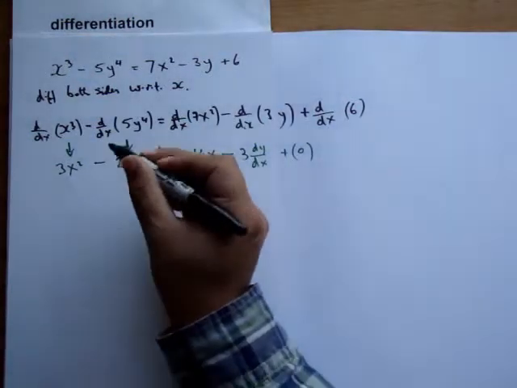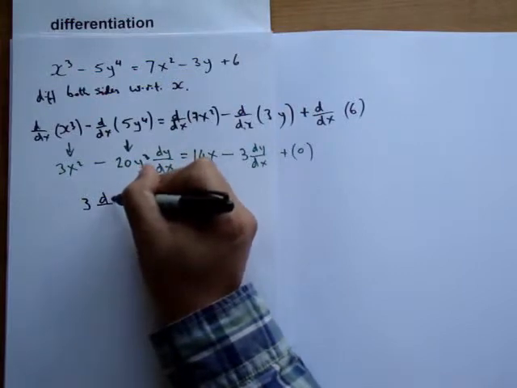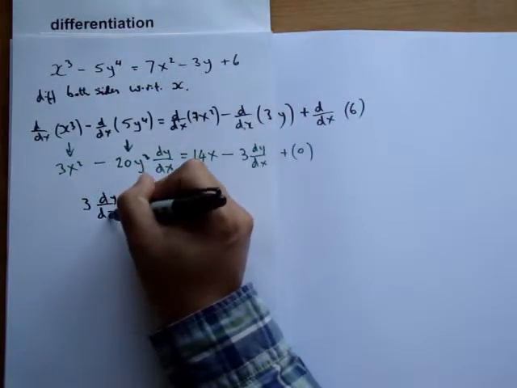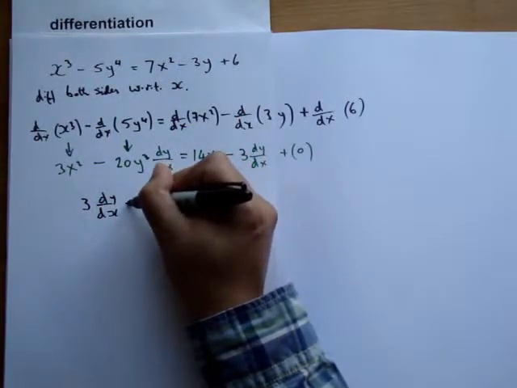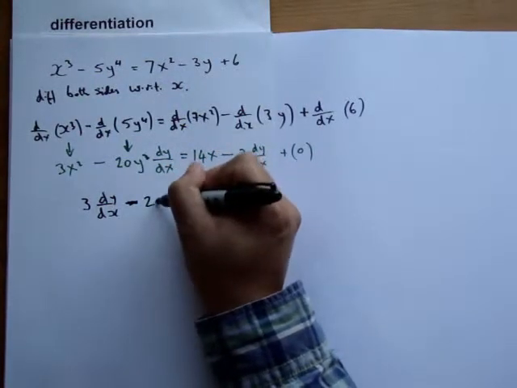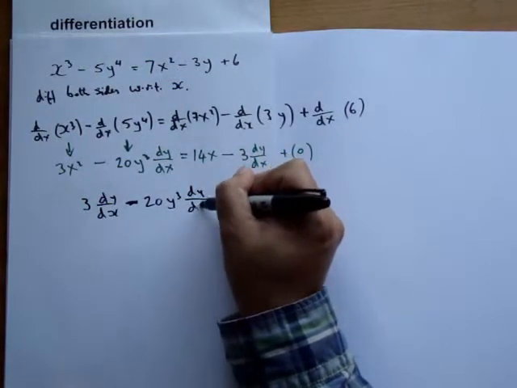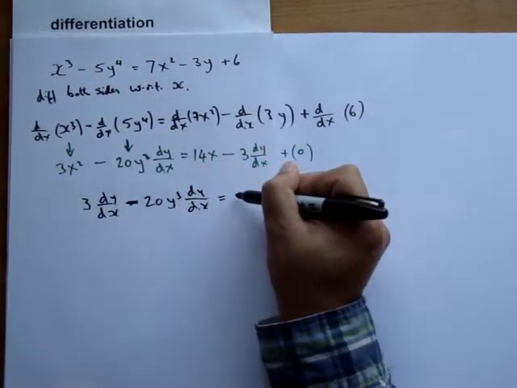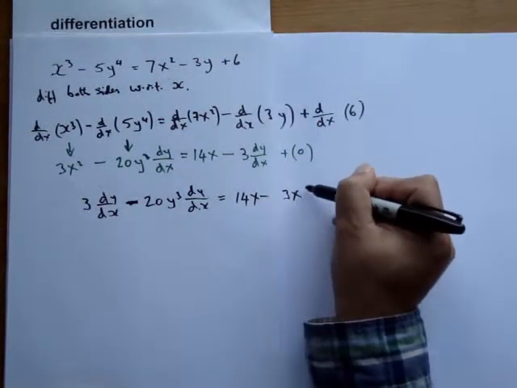So we have 3 dy by dx minus 20y cubed dy by dx is 14x minus 3x squared.